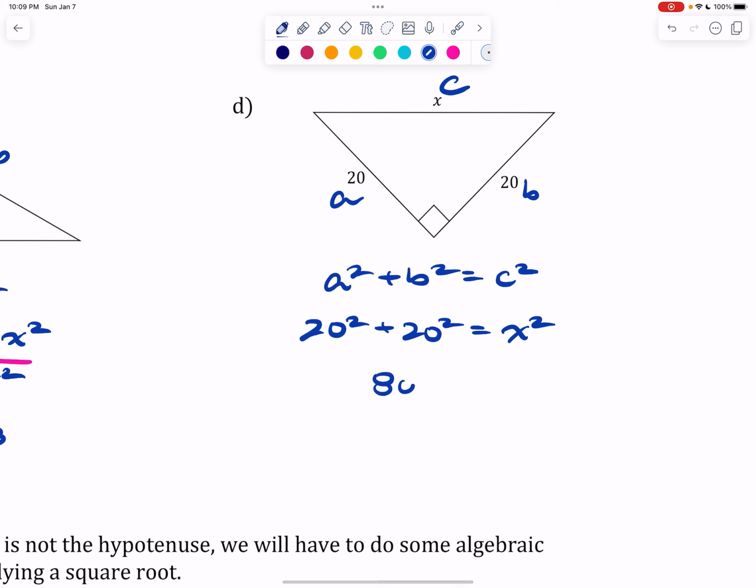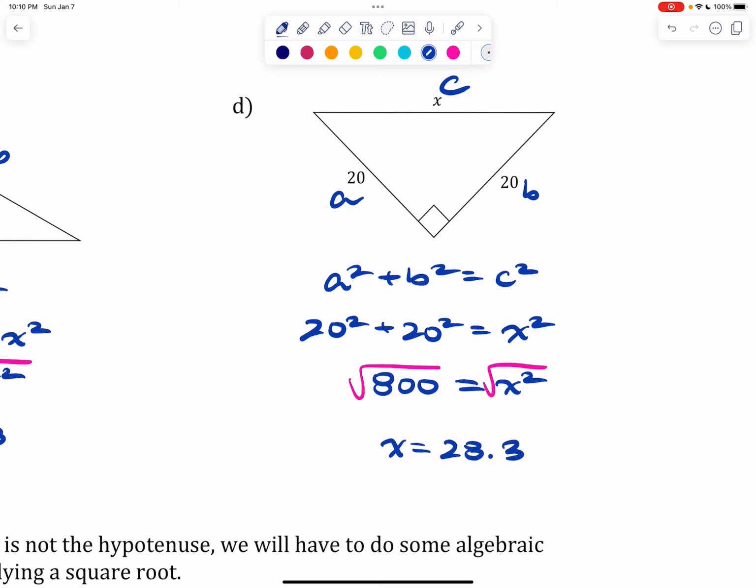I've got that X squared is 800. And I take the square root of that to tell me that X is 28.3-ish to the nearest tenth.